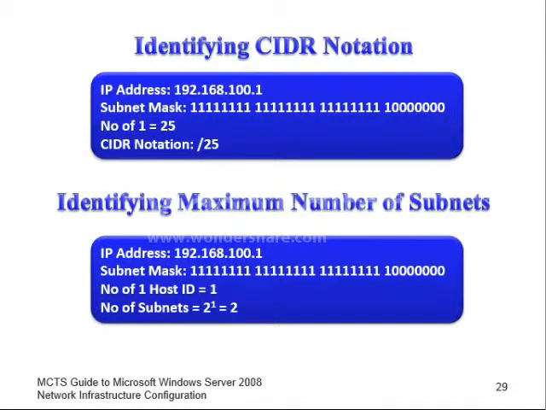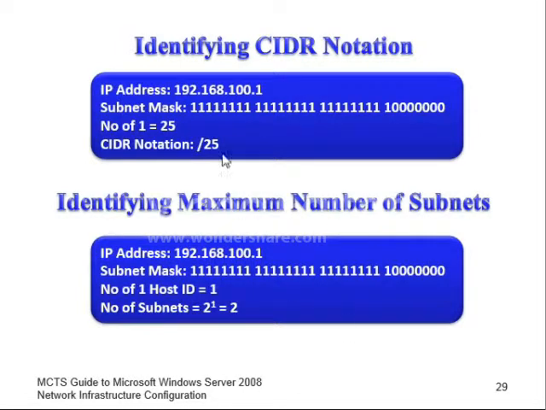So pretty much what you need to do to identify the CIDR notation is take the number of bits that you're using for identifying the network ID of your subnet mask, count them, and that will be your CIDR notation.